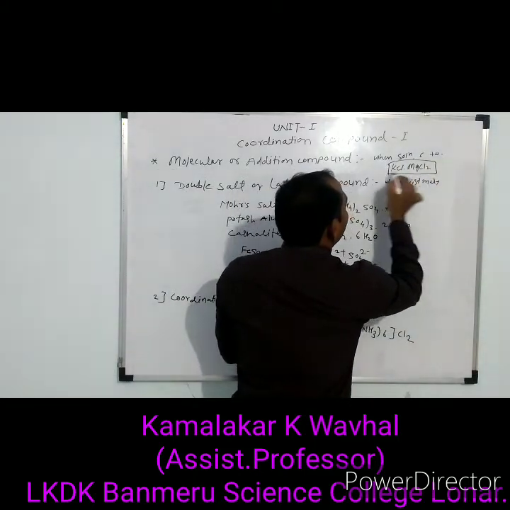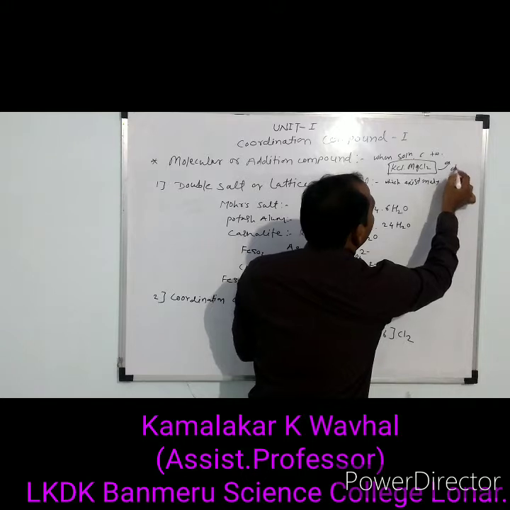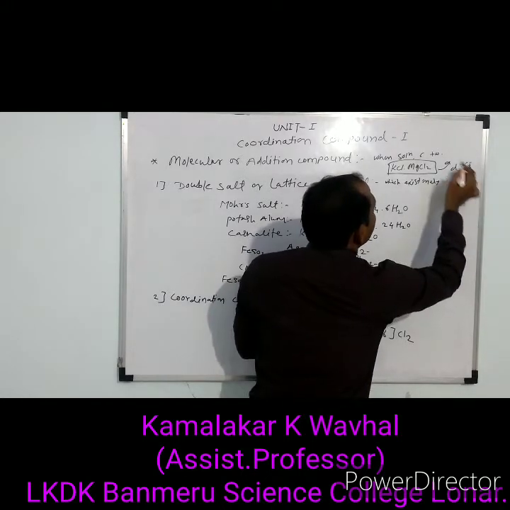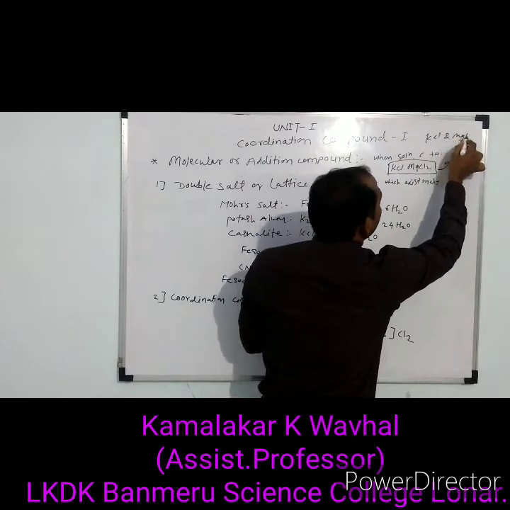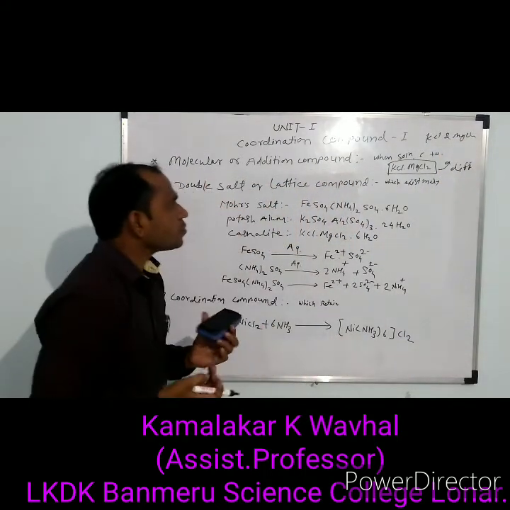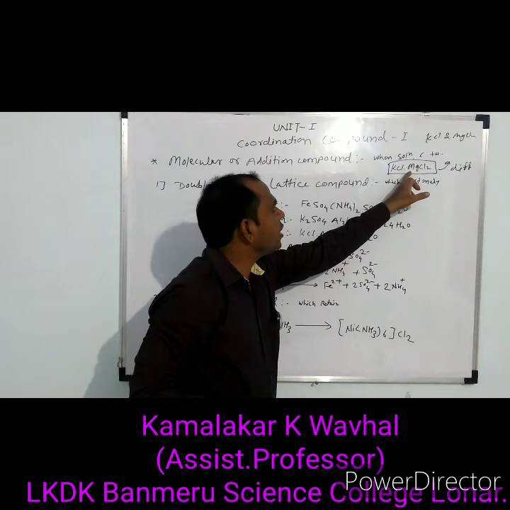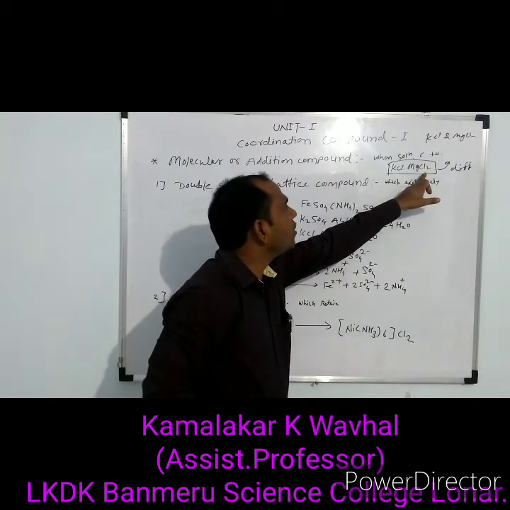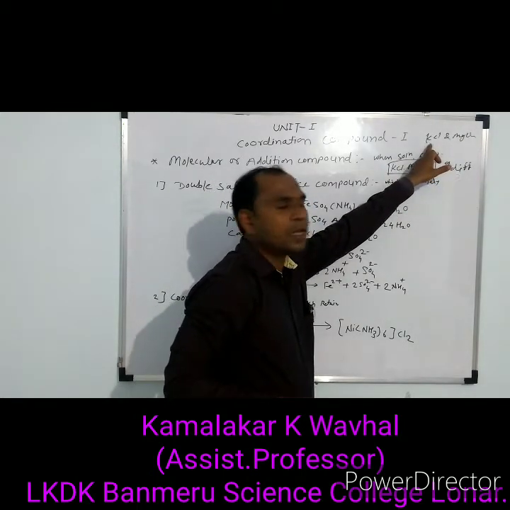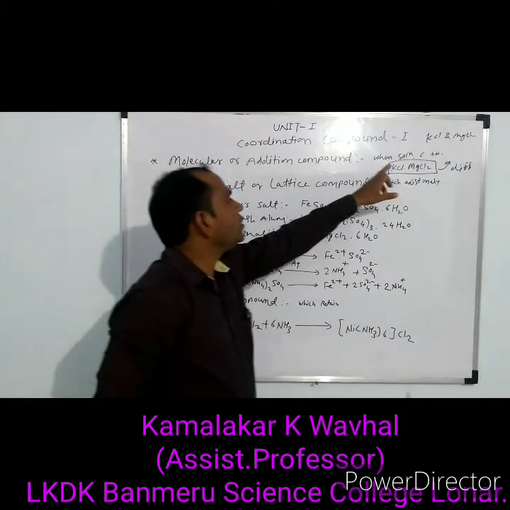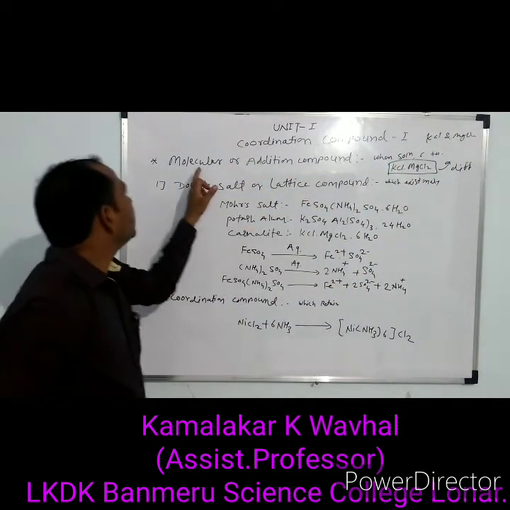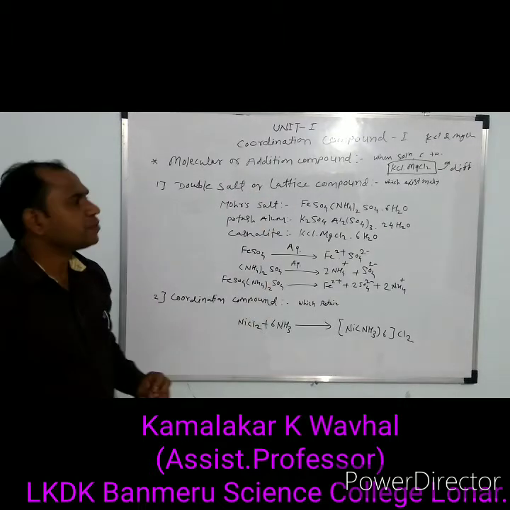This compound has a different crystal shape than KCl and MgCl2. It means that the shape of KCl·MgCl2 is different from the shape of KCl and of MgCl2. Hence, this type of compound is called a molecular or addition compound.